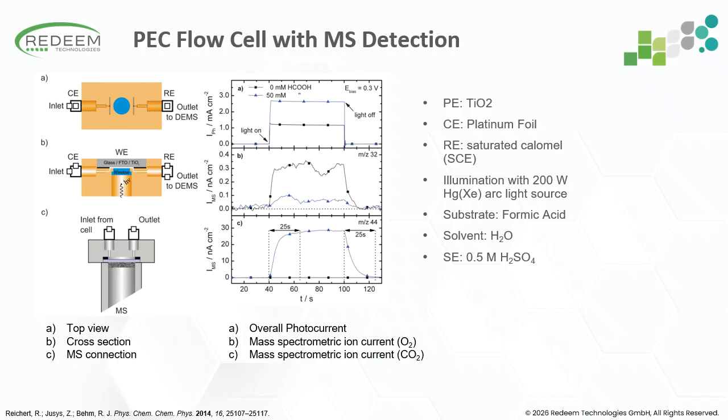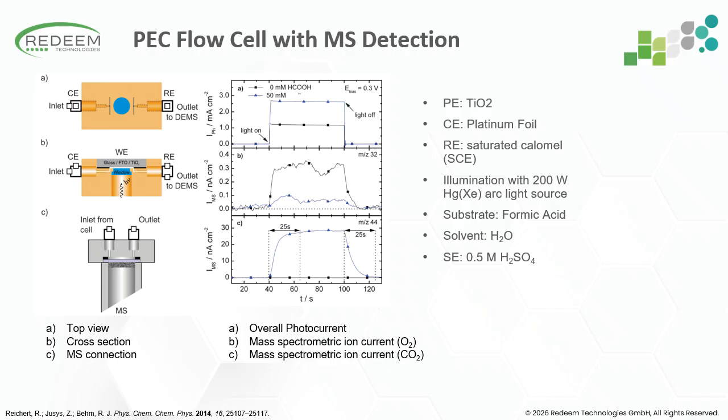So in this work, the setup is demonstrated using the photo-oxidation of formic acid on a TiO₂ photoanode, and besides recording the photocurrent, the system simultaneously monitors oxygen and carbon dioxide evolution in real time.